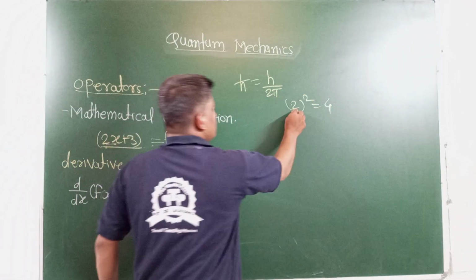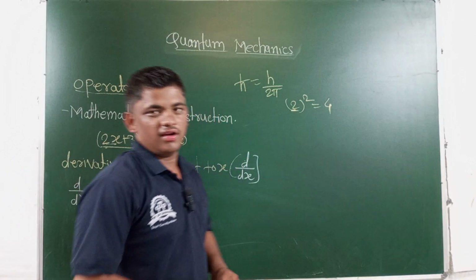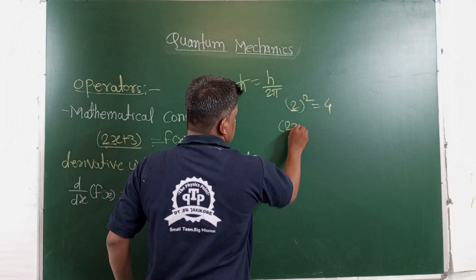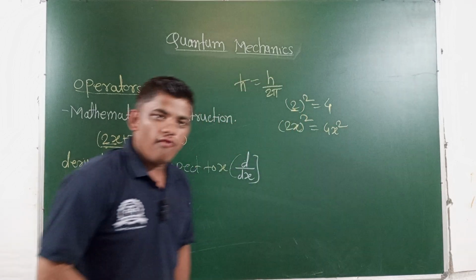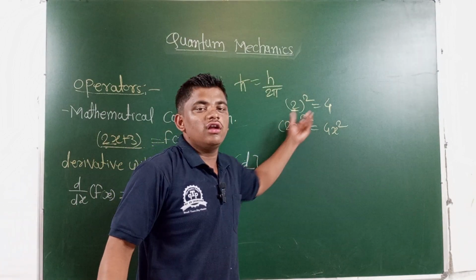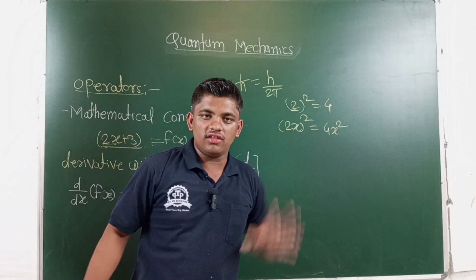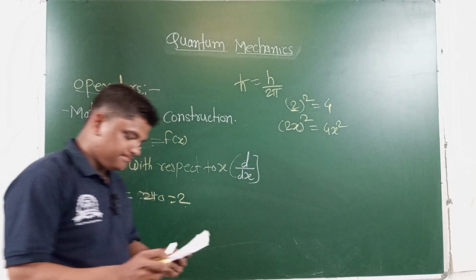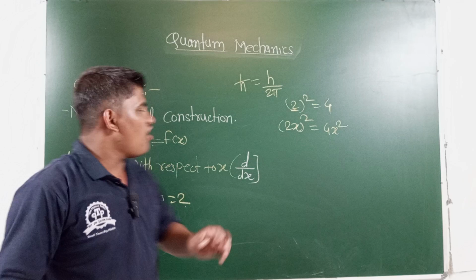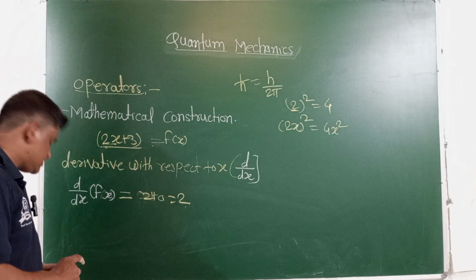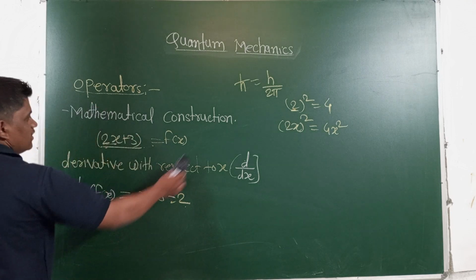Okay, I will take a function in place of these numbers and get a different function. I take the function 2x, squared, which is 4x squared. Okay, 4x squared. What did I do? I applied the squaring operator on this function. What did I get? I got another function. This is called an operator. Evidently, an operator is a set of instructions on a function, and we get another function.